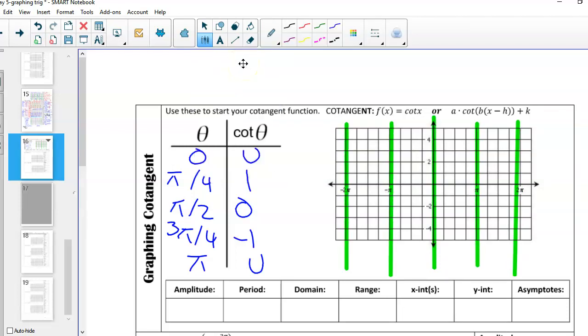And it still repeats itself, it's still periodic. So between 0 and pi, pi over 4 goes up to 1, pi over 2 is at 0, and 3 pi over 4 is at negative 1.